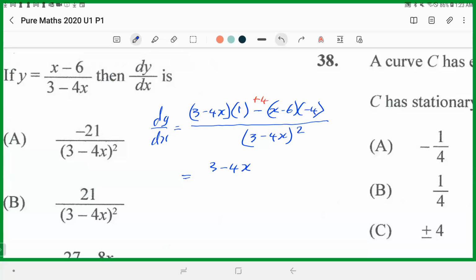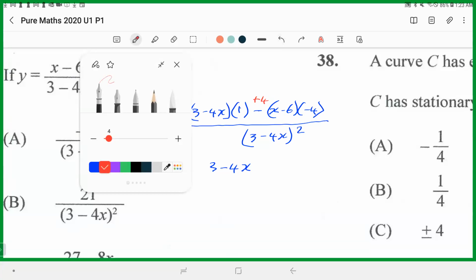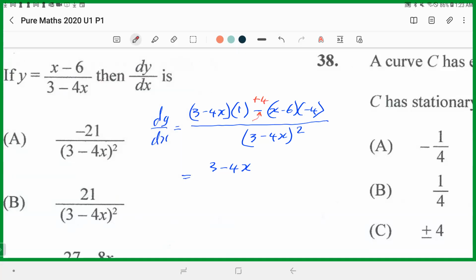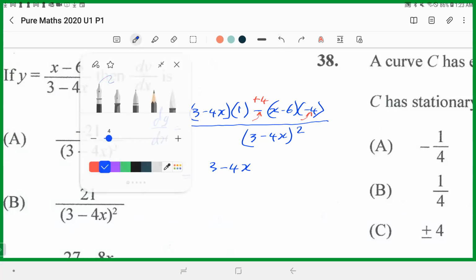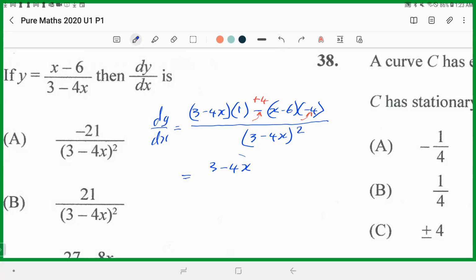So I'm going to get 4 times the bracketed term here, giving 4x minus 24, all over 3 minus 4x all squared.